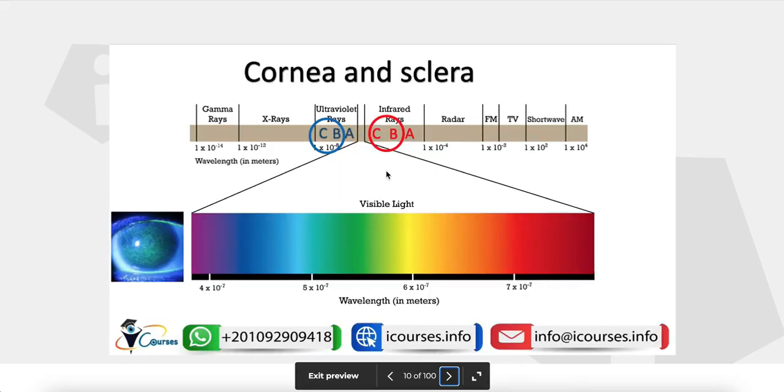There are different absorbing or blocking characteristics of the ocular tissue to different waves of the visible and invisible spectrum. For example, the ultraviolet rays C and B and the infrared rays are absorbed by the cornea and sclera. Ultraviolet rays, when absorbed by the cornea, can cause the famous clinical picture of photophthalmic keratitis.